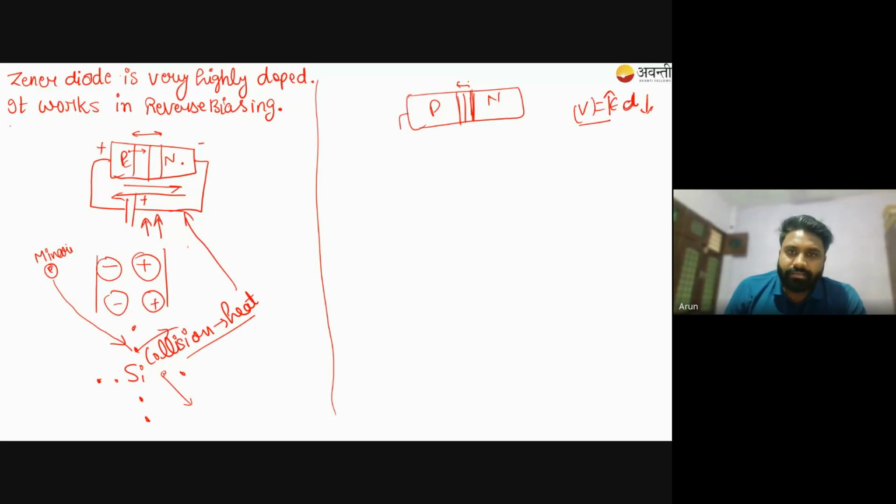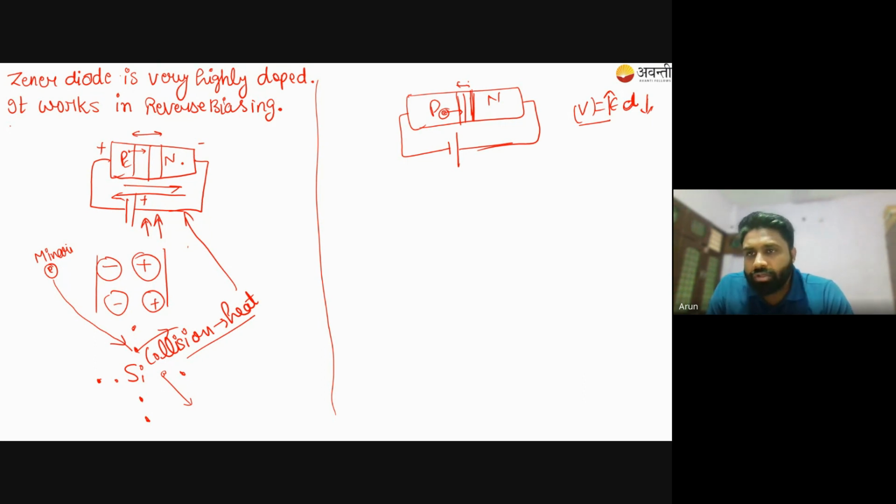In reverse biasing, if I reverse bias this circuit, the minority electron will jump into the depletion width. So the probability of collision is very low, because there is a very high electric field in this region. Whenever the minority electron enters the depletion region, it will move with a very high value of acceleration and cross the depletion region without any collision.